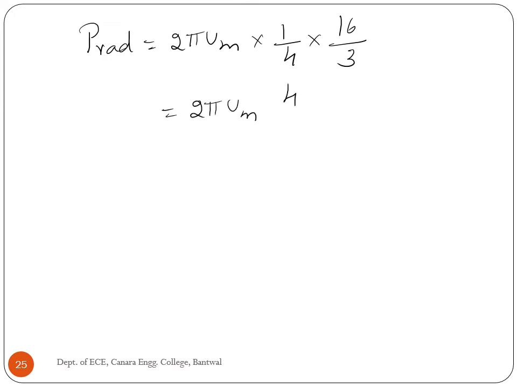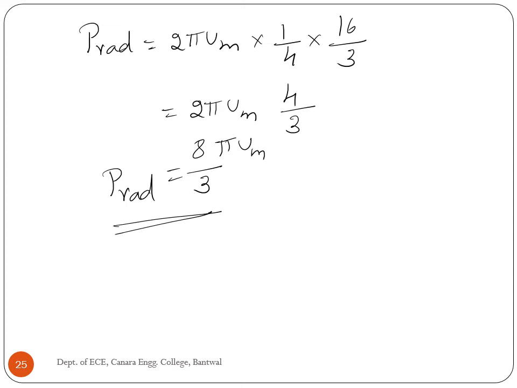Radiated power is equal to 2 pi Um into 1 by 4 into 16 by 3, so 2 pi Um into 4 by 3, which is equal to 8 by 3 pi Um, that is the radiated power.